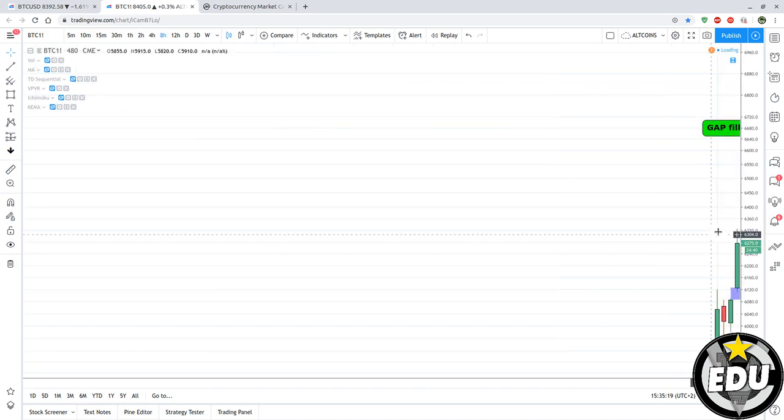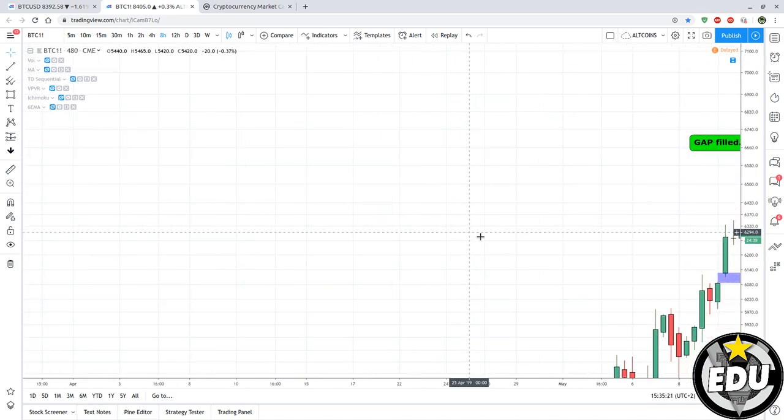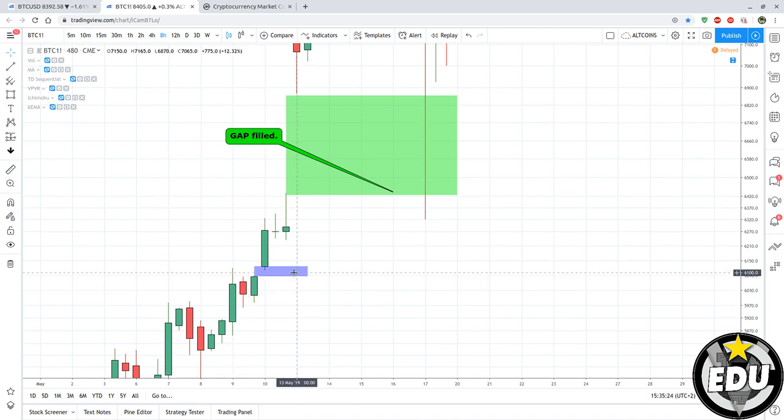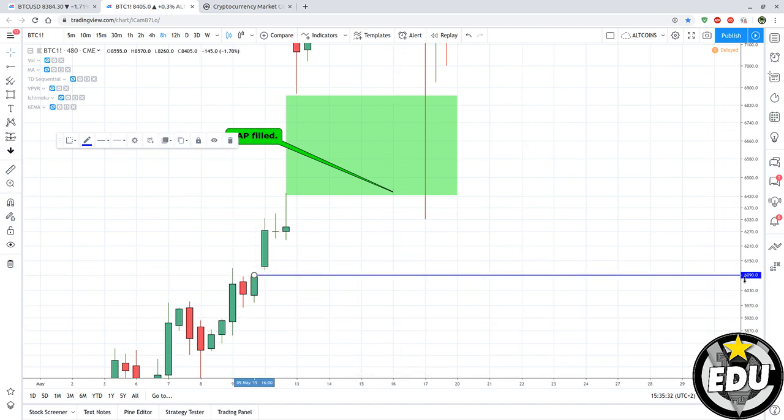Anyways, we know that there's a gap on 6K. I'm not sure if it is higher or not, but let's trace the bottom of that gap. That's perfectly on 6K. So that's another support for me.